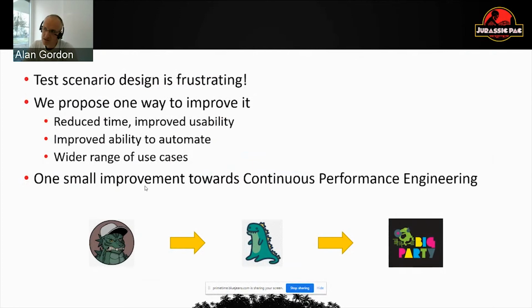It will improve the usability and allow us to run a much more flexible range of test cases, which will help us much more with things like scalability testing or tuning and so on, that we can run tests again and again without having this effort every time. So it's one small step towards a better continuous performance engineering process. Then we can all be happy dinosaurs.